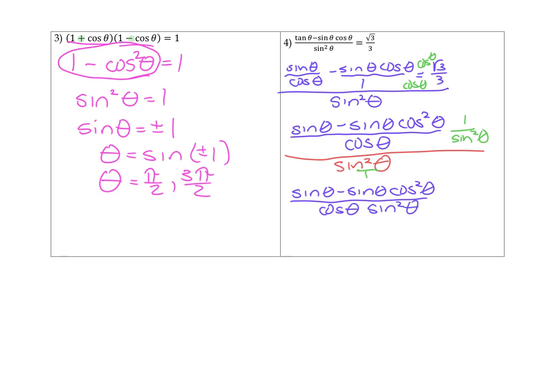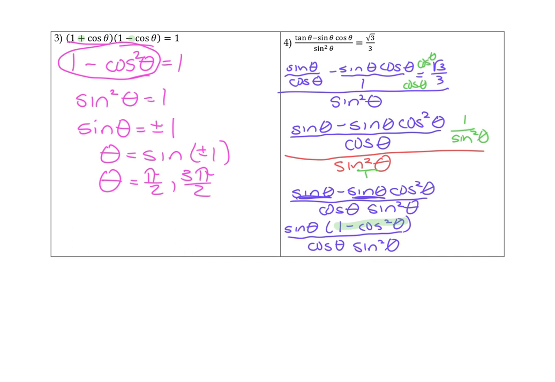Now on the top, I'm going to factor out that sine theta because it's present in both terms. And I get 1 minus cosine squared theta over cosine theta sine squared theta. And now I've got here, if we remember, that's Big Daddy.